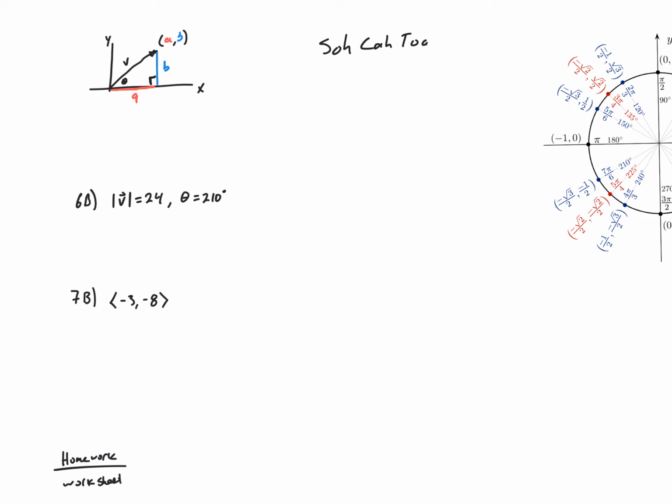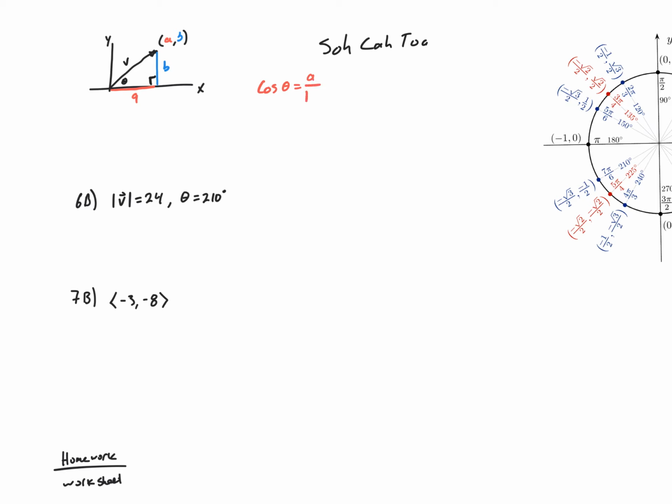This is vector v. So if I said cosine, which is adjacent over hypotenuse, cosine of theta would equal the adjacent over the hypotenuse.